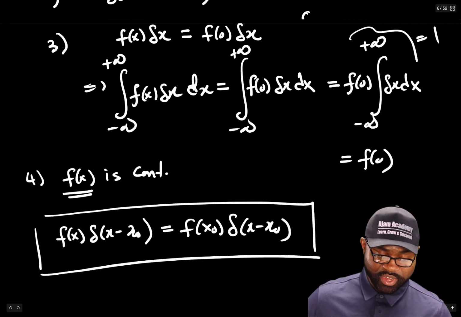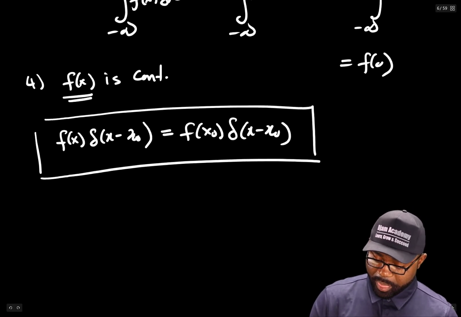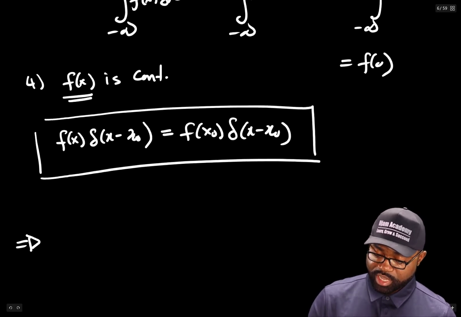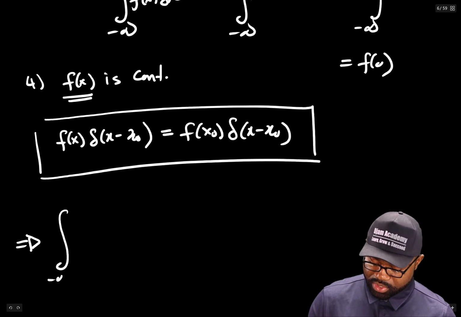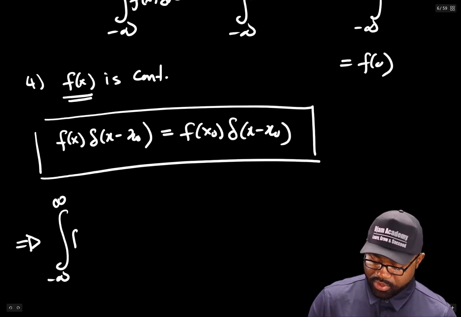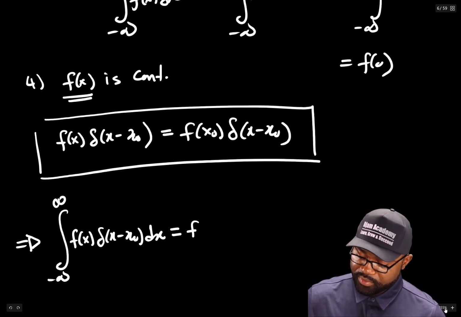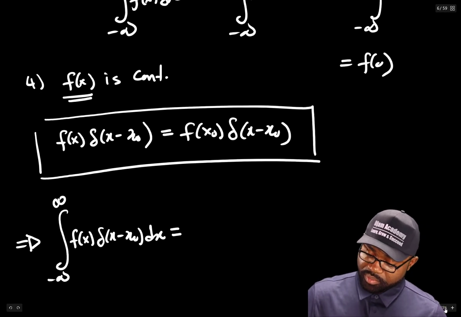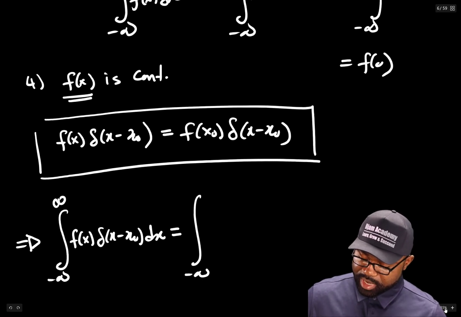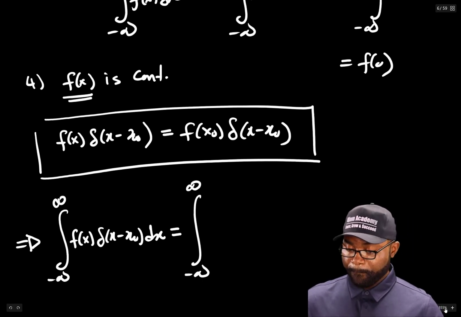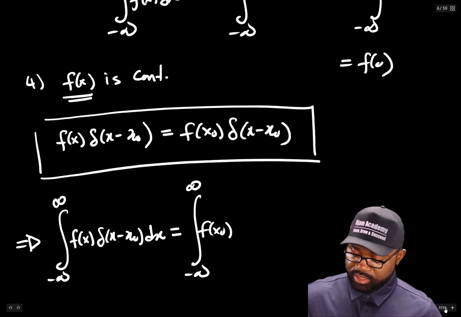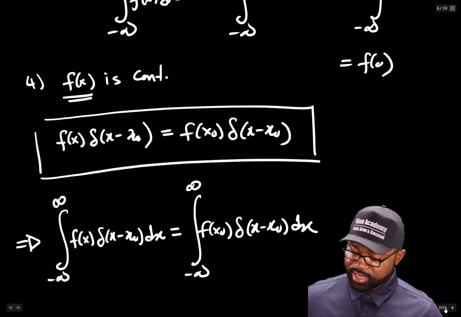Property 4 is very important. Per property 4, it means that if you integrate across all points in space f(x) δ(x - x0) dx, this will be equal to the integral of f(x0) δ(x - x0) dx.